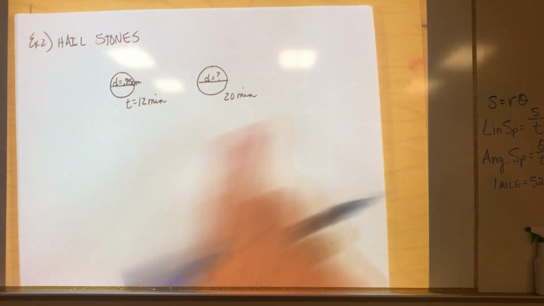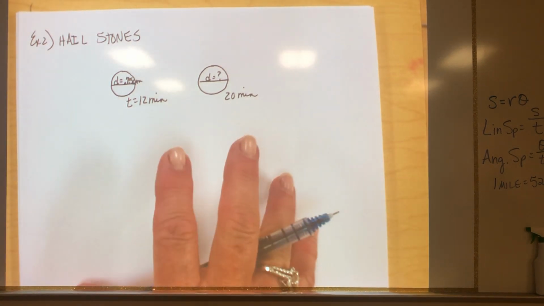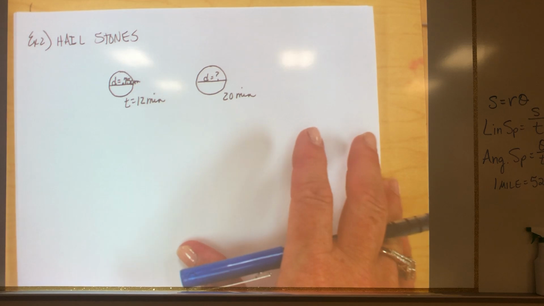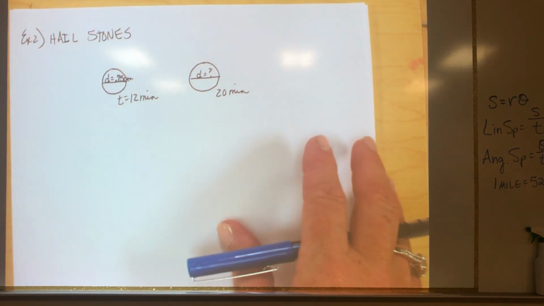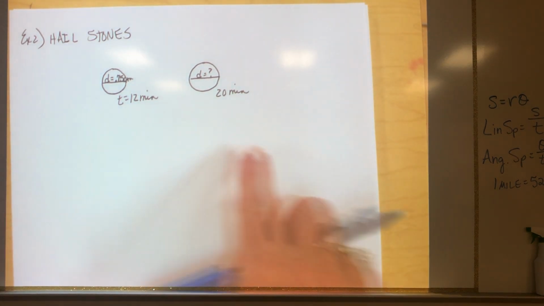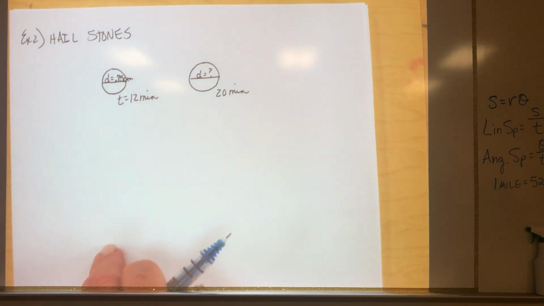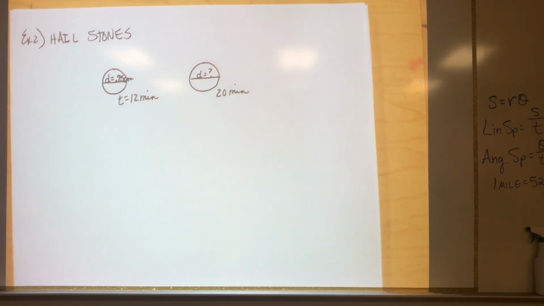I'm not gonna do it like a proportion, because we might want to write an equation that relates the diameter of a hailstone and the time that it stays in the air. So, do you see a point? Which one is X and which one is Y?